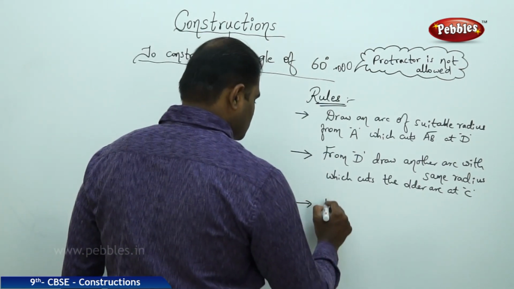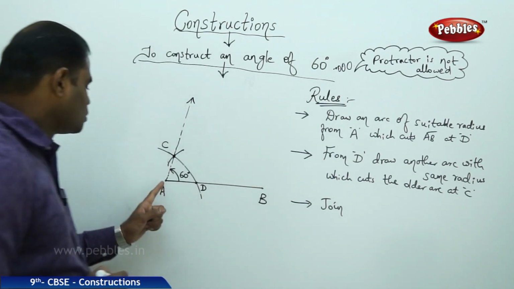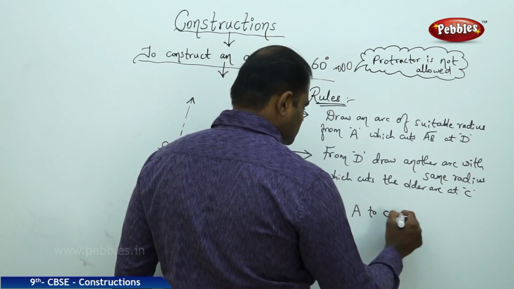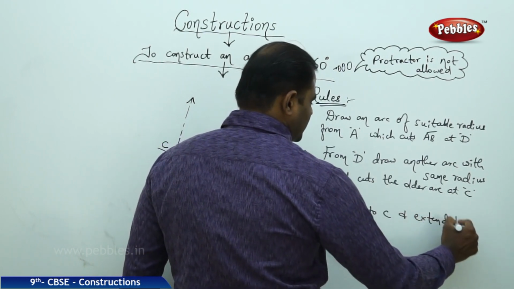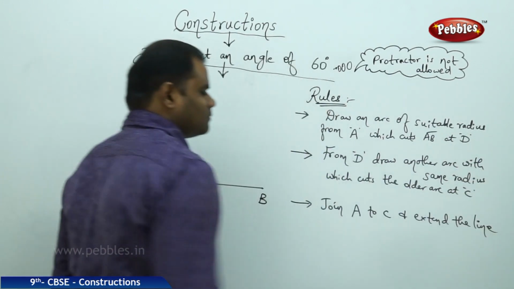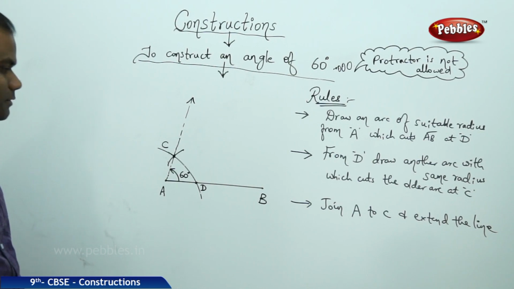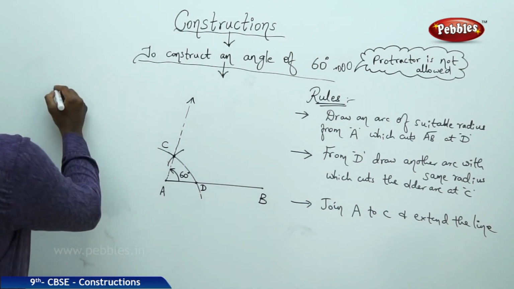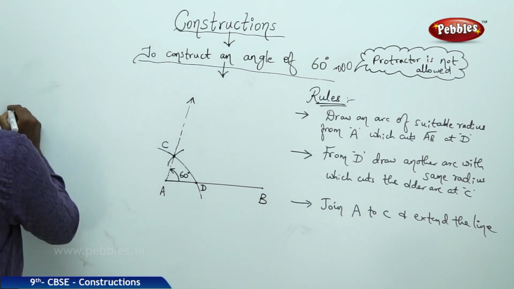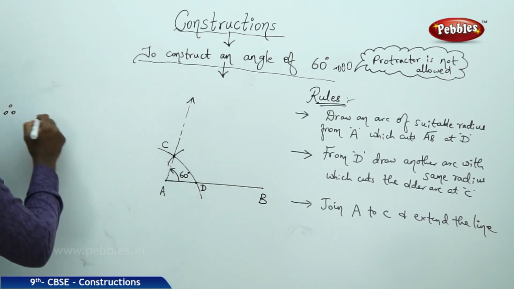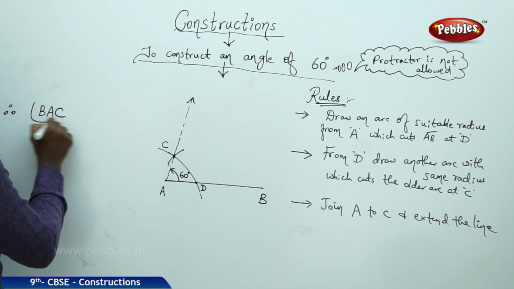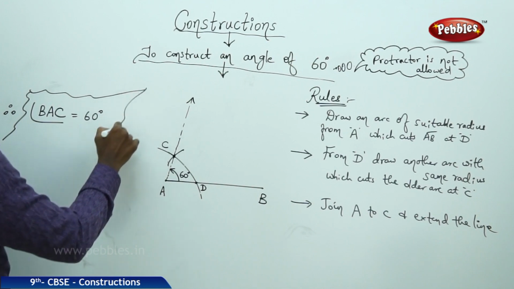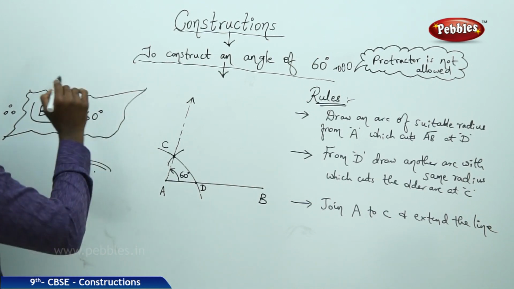Now here we have 2 points A and C which are joined and extended. Join A to C and extend the line. So we get here a line which is this. Therefore, angle BAC is 60 degrees.